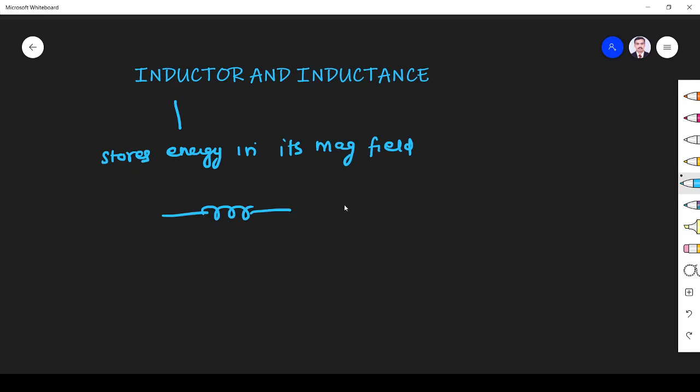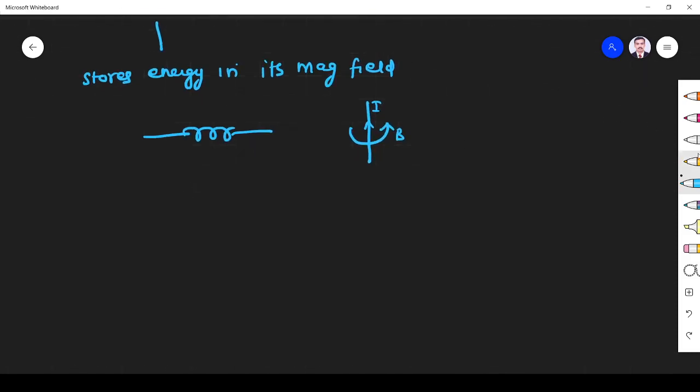We have already known that when current flows through a conductor, it will create a rotating magnetic field. We studied this as per Ampere's circuit law or the Biot-Savart law. With a single conductor, the field is small, but when you have more turns, it will create more magnetic field.